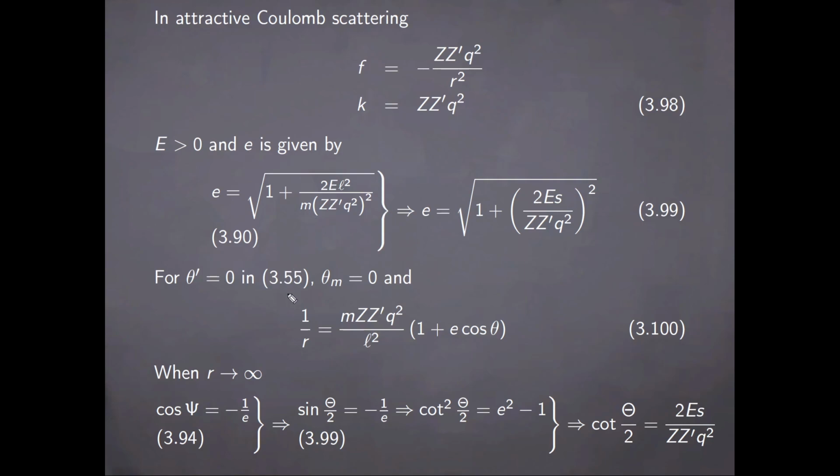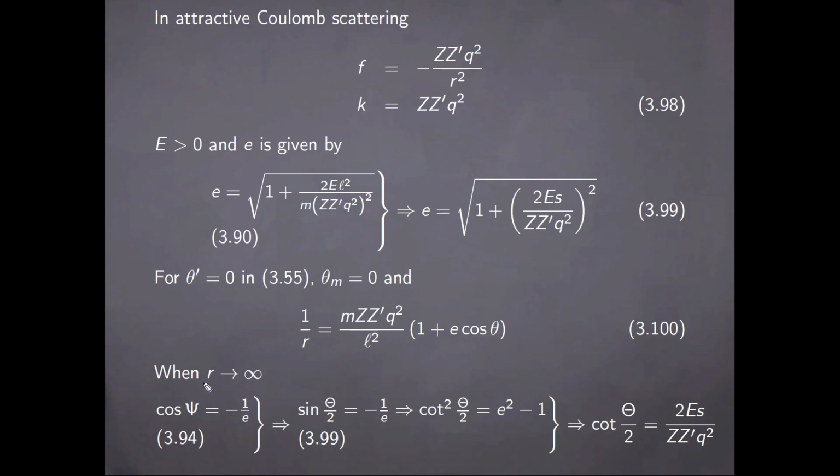Then if we go back to the equation 355 for the integration constant theta prime equal to 0, then we obtain the angle of the periapsis or perihelion being equal to 0, and what follows immediately is the orbit equation for this new force constant.